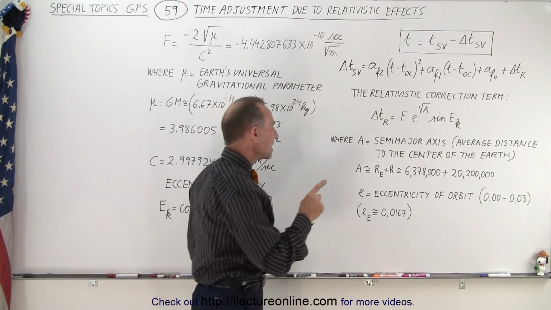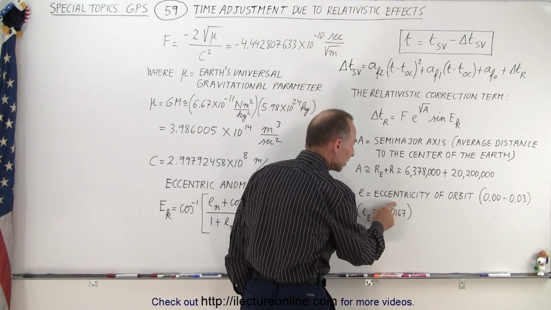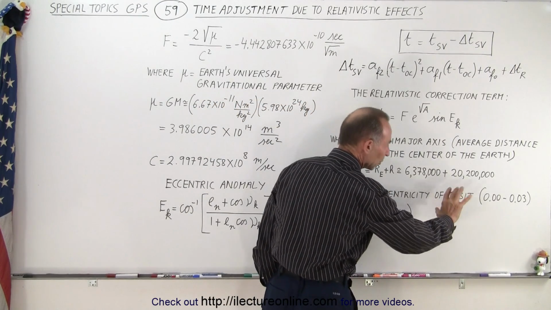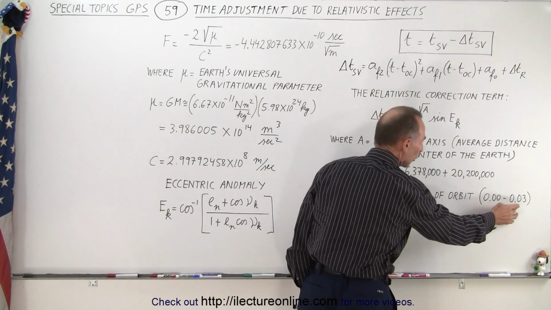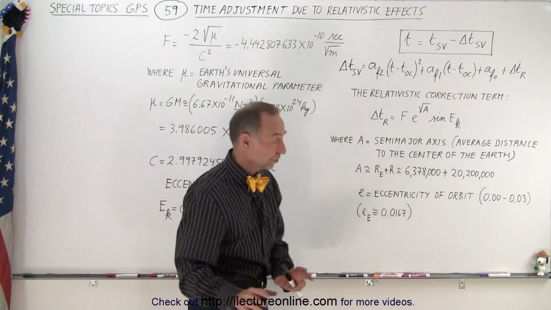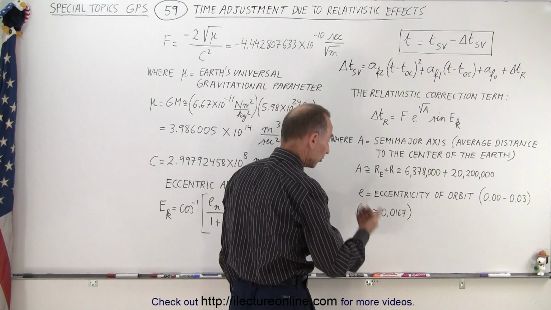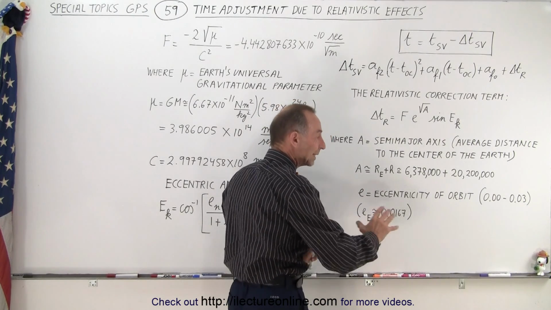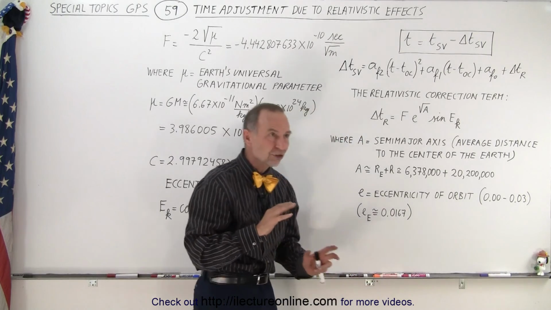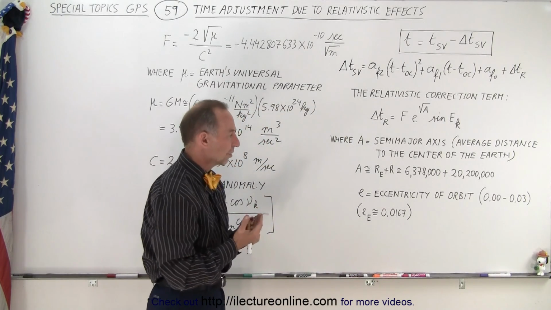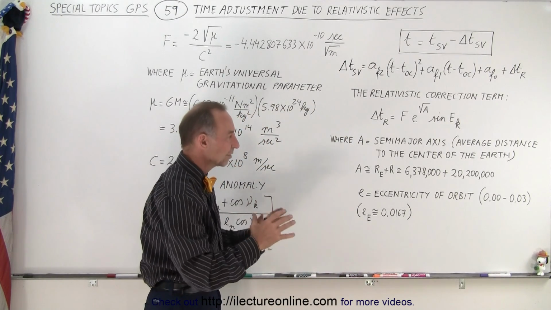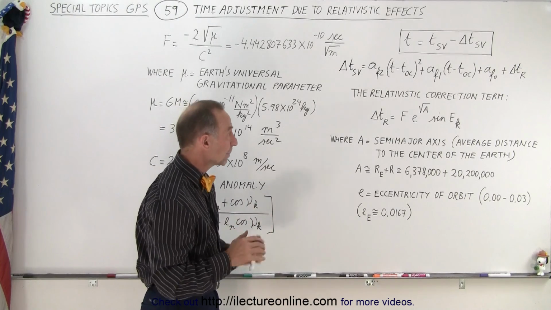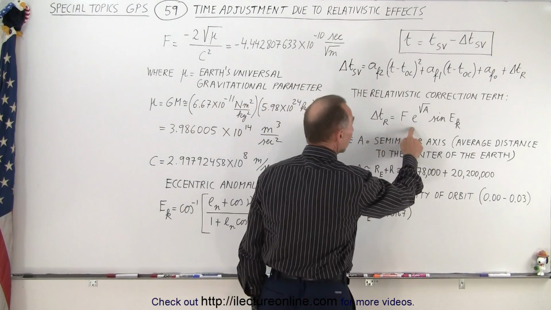Turns out that e is actually the eccentricity of the orbit of the satellite, which varies anywhere from 0 to 0.03. As a comparison, the Earth's eccentricity around the Sun currently is roughly 0.0167. So that's the kind of change from a circular orbit that these satellites will have, some slight eccentricity, which of course needs to be taken into account.